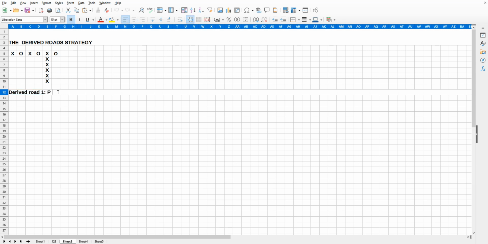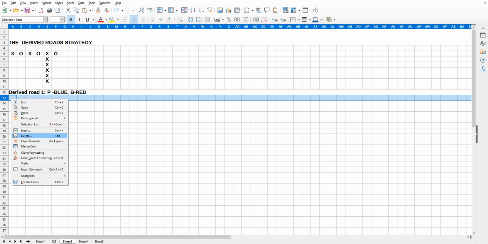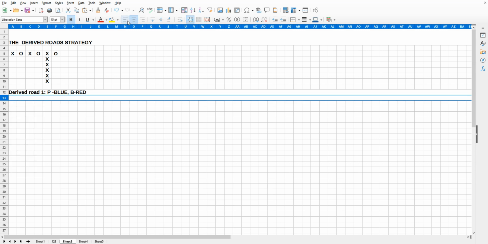Player is going to be blue, and the banker red. And then the derived road number 1 is this one.